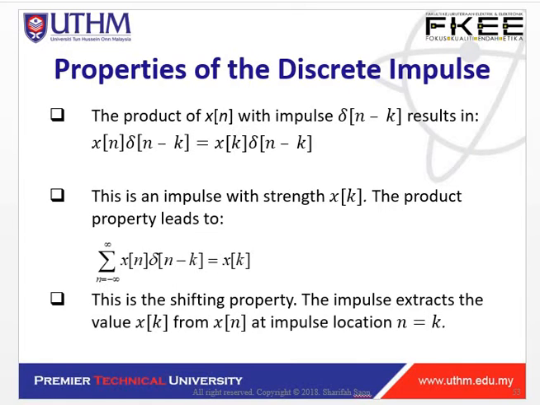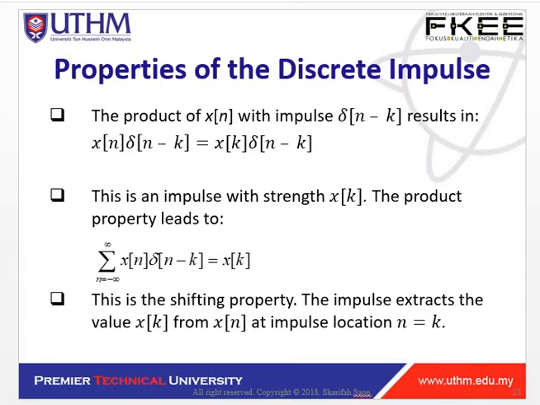Next is the property of the discrete impulse. The product of xn with the impulse delta n minus k results in xn delta n minus k equal to xk delta n minus k.